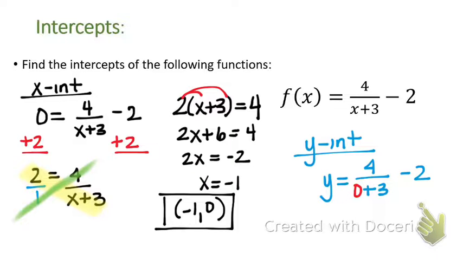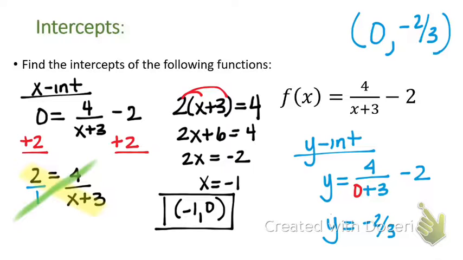I'm just going to type this one in my calculator. So you have 4/3 minus 2, which is negative 2/3. So your y-intercept, and I'll write it at the top, would be at (0, -2/3).